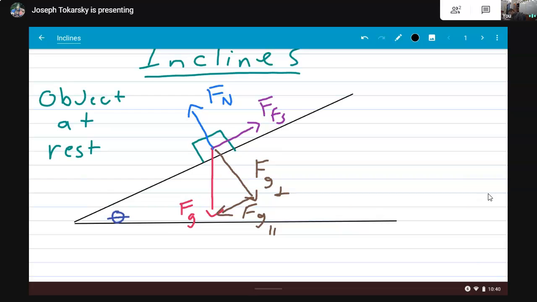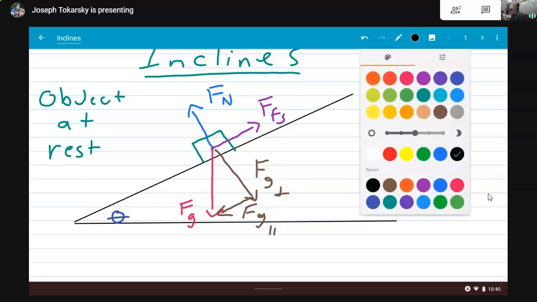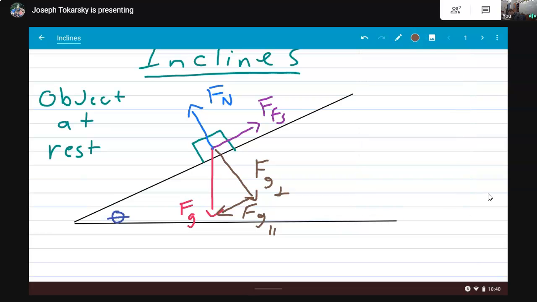What we like to do for inclines is tilt the XY axis. We're actually going to make the x-axis, I'm just going to overlay a dotted line, the incline itself. And we're allowed to do that because direction's always arbitrary.